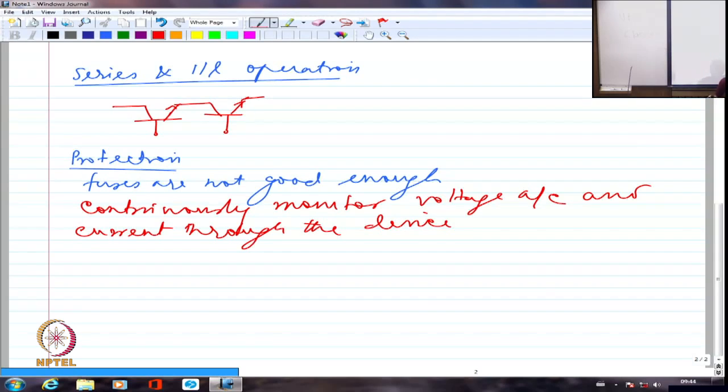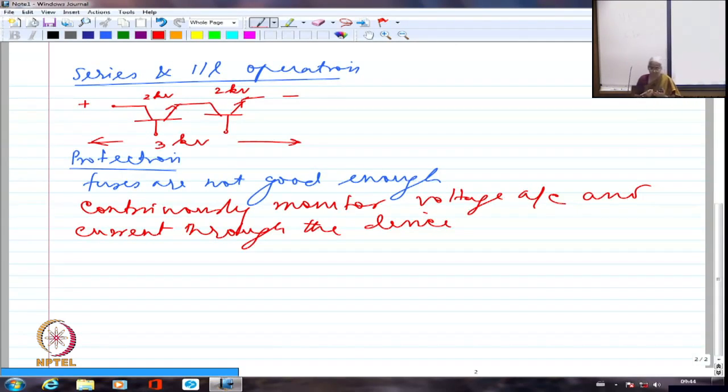Let us say each of them is rated for 2 kilovolts, and I am applying a total of 3 kilovolts from here to here. If one of them turns on first, the other one will definitely have the entire VCE of 3 kilovolts and it will conk out, because of non-matching of the driver circuitry.